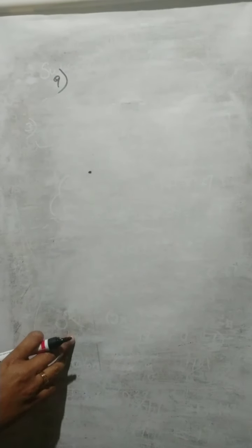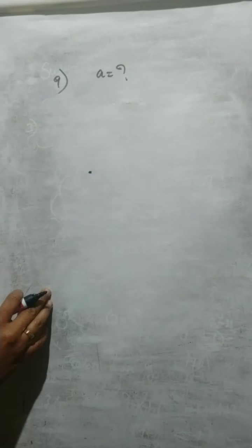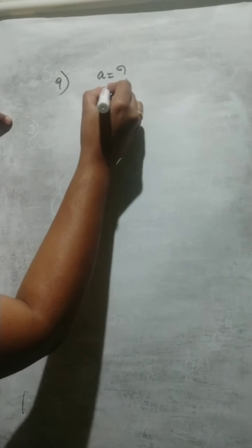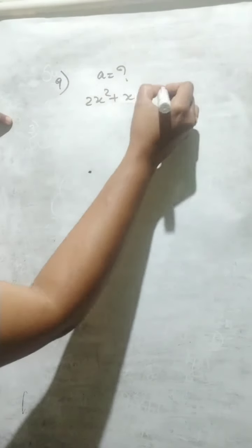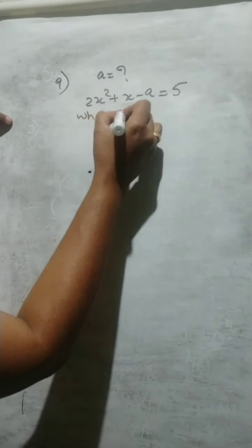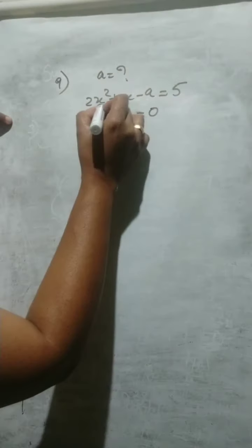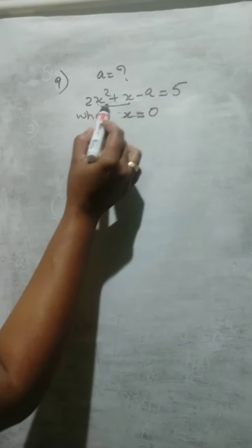Next question, ninth question. What should be the value of a? If the value of 2x square plus x minus a is equal to 5 when x is equal to 0. That is, when the value of x is equal to 0, the value of this expression will be 5.